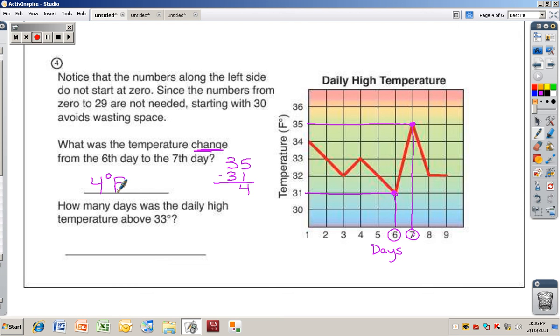All right, that one wasn't too tough, but the next one says, how many days was the daily high temperature above 33 degrees? These are really tough for kids, so I hope you're paying super close attention right now. You're going to be seeing problems like this coming up on your daily work, and I almost always have to help kids with these. They're always tricky for them. What you want to do is go to each day and go up and put a dot where the temperature is.